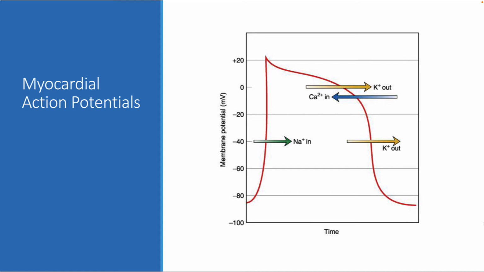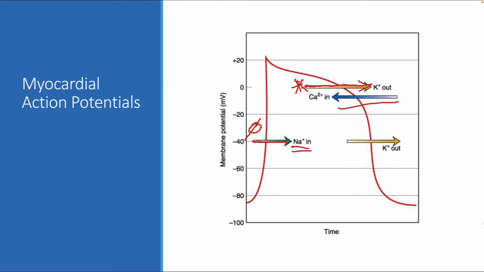And again, in phase 0, we have influx of potassium in. That's until we hit that all or none response when the potassium starts to go out, right? Potassium efflux happens.